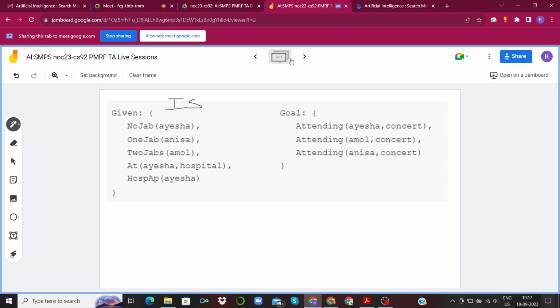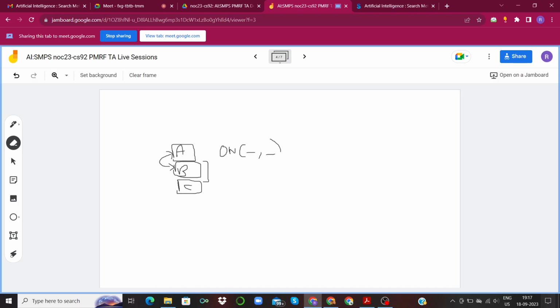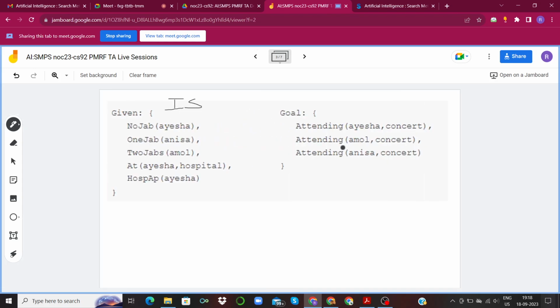One potential solution is to start from the set of goals given to us. There are three goals or sub goals, and these three are independent, so we can try to solve them independently or in parallel. But let's consider them one at a time.